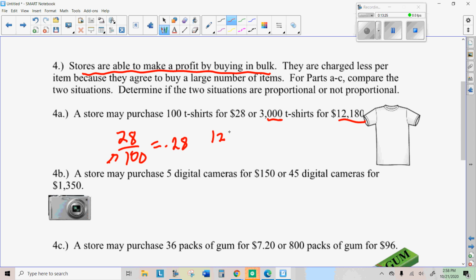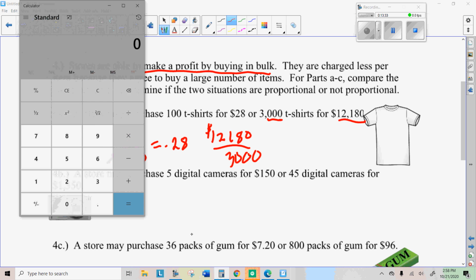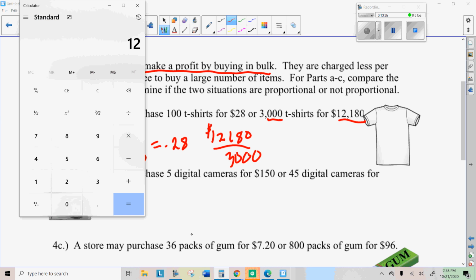So I'm going to do $1,280. Make sure you divide them the same way. Divide it by 3,000. 1,200. No, 12,180 divided by 3,000 equals 4.06.